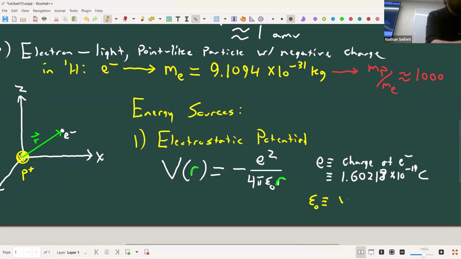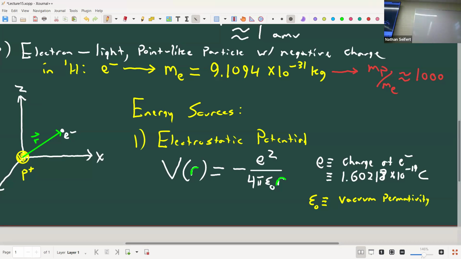It's what's called the vacuum permittivity, which basically specifies how able the empty space between the two charges is to conduct the electricity between them. There's going to be some force moving through the vacuum between the electron and proton, right?